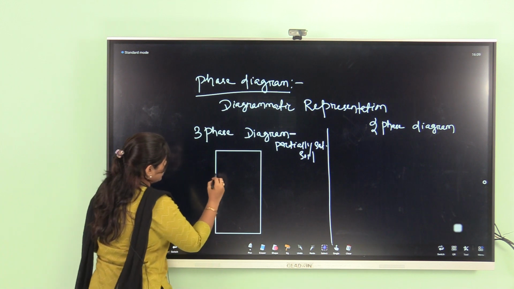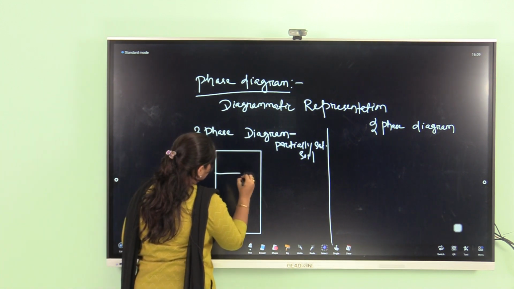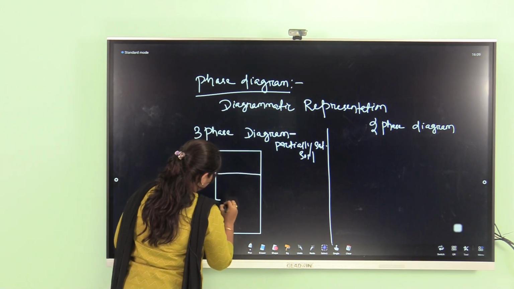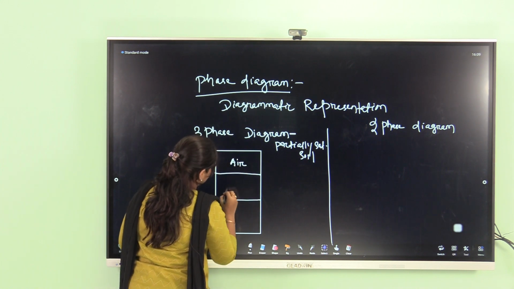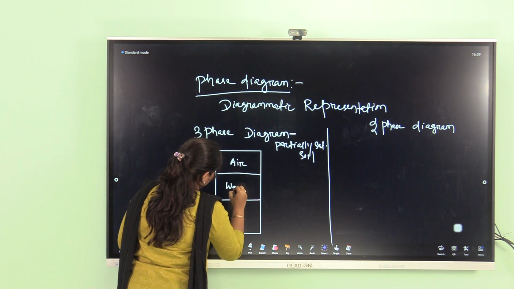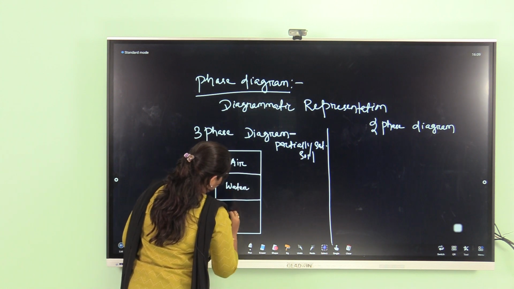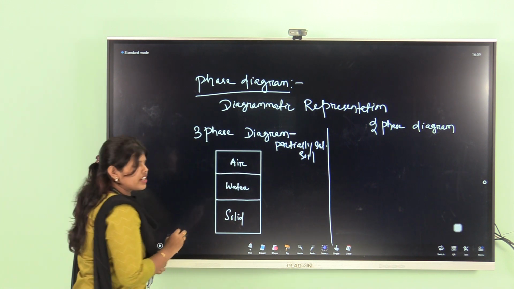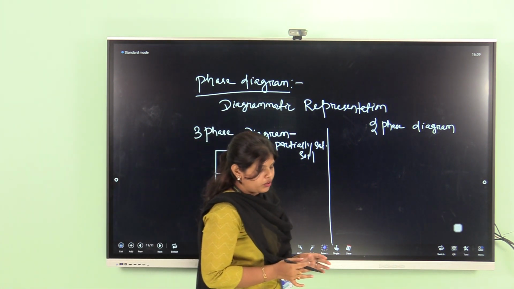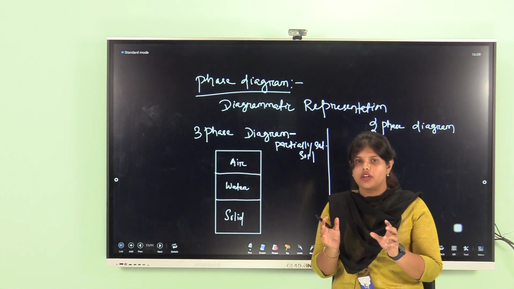In the 3-phase diagram, we have first air, then water, then solid. This diagram is showing nothing but the constituents of soil.